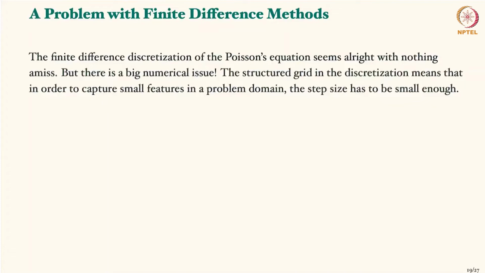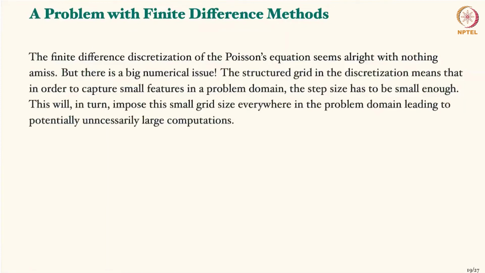So my discretization grid, this lattice, its size is going to be dictated by the smallest features in my problem, which means that if the features are varying in scale, I'll have an unnecessarily super big grid, where in most of the regions I wouldn't need such a big grid, but the smallest features in my problem will dictate that I would need to have this unnecessarily superfluous grid everywhere.